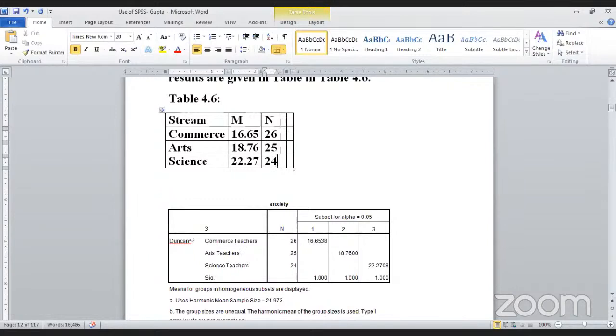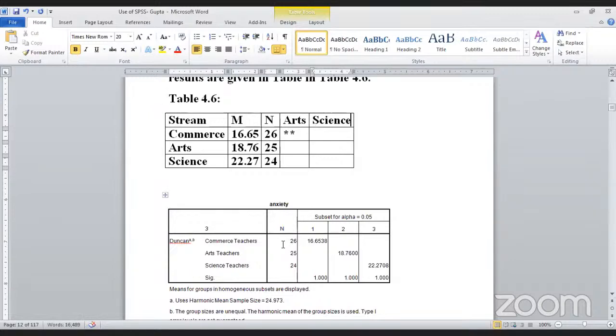And the difference is at 0.01, so I can put a double star here. Then this will be the science.